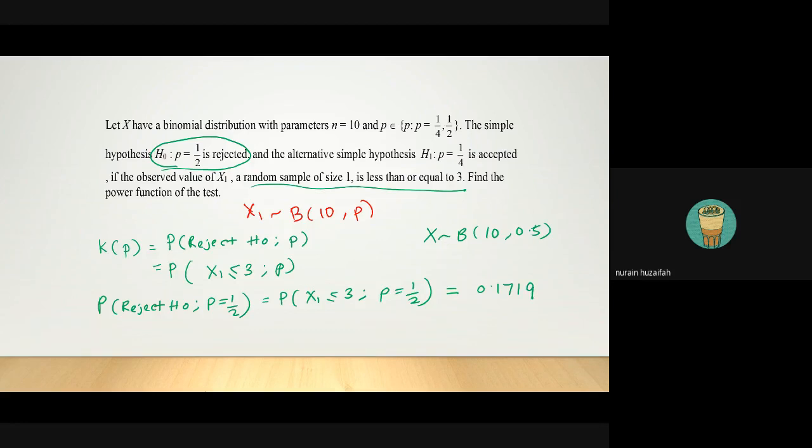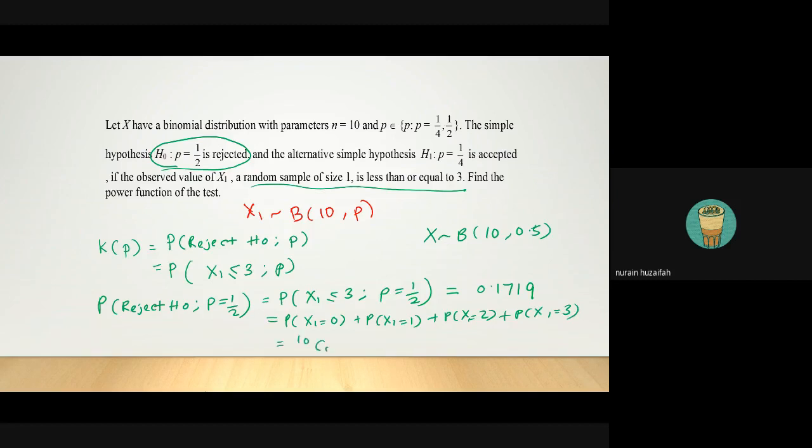But if you want to compute manually using the formula, probability X1 equals 0, probability X1 equals 1, probability X1 equals 2, probability X1 equals 3.